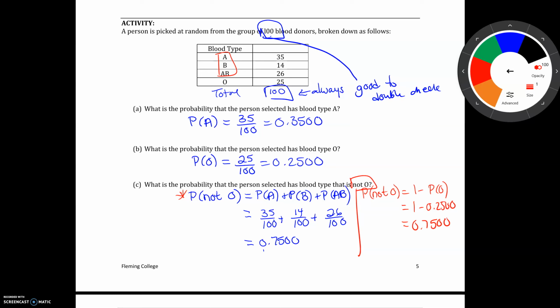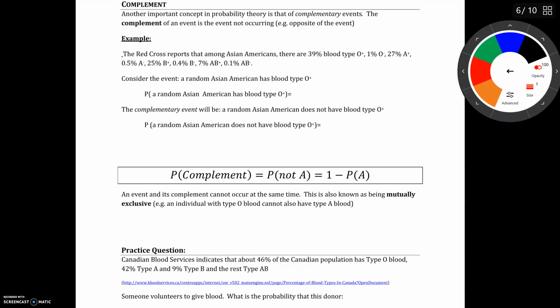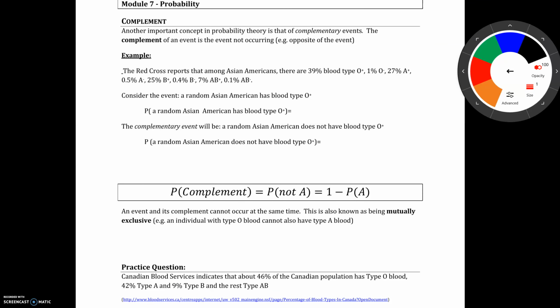Okay, this idea of calculating the probability of an event not happening leads us into our first probability formula. That formula is related to complements. Okay, so a complementary event is the opposite of an event that occurred, right? So if we were looking at a particular set of data, so here we have the Red Cross data related to blood types, including Rh factor among Asian Americans.